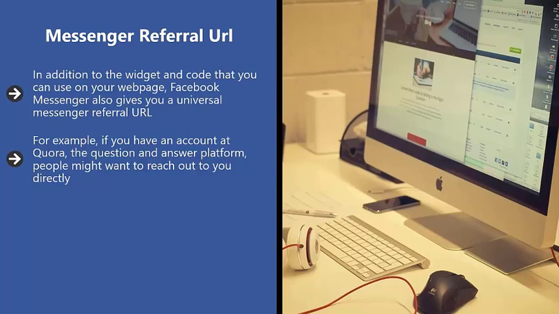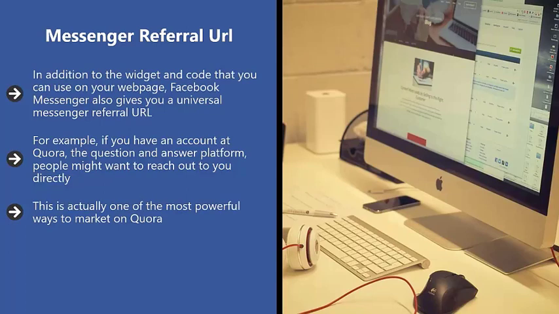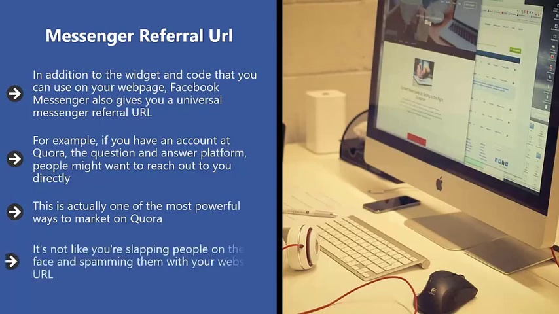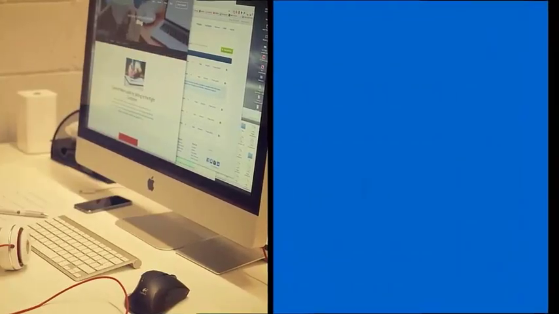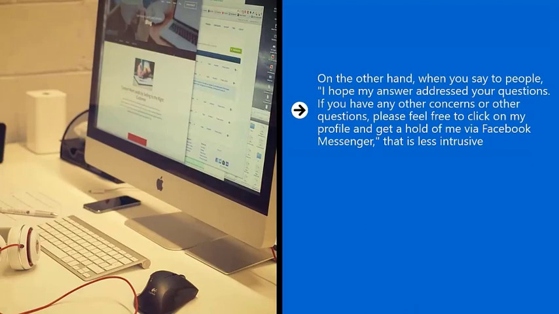So you could say in your answers on Quora, if you have any other questions or concerns, click on my profile and get a hold of me via Facebook Messenger. This is actually one of the most powerful ways to market on Quora. You're doing it in a non-intrusive way. It's not like you're slapping people on the face and spamming them with your website URL. And if you keep doing that, you probably will get banned. On the other hand, when you say to people, I hope my answer addressed your questions.